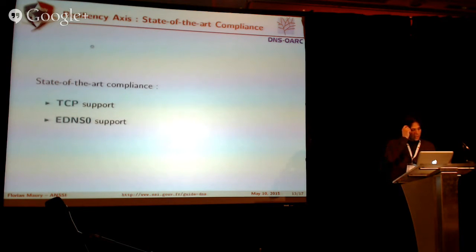We also recommend to be simply compliant with the state of the art, that is to support TCP and EDNS0. I've seen many studies where EDNS0 is still not supported, or TCP is sometimes told by some security firm to be a configuration error.